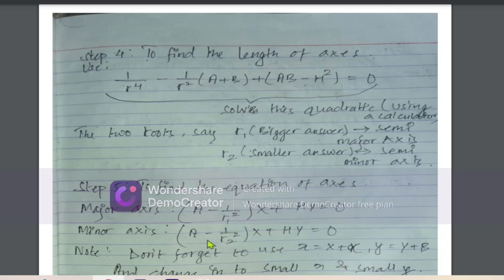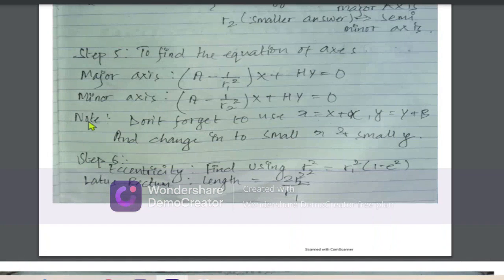And for the minor axis, replace r1 with r2, so we can easily evaluate the equations of the axes. But note, don't forget to use small x equals capital X plus alpha and small y equals capital Y plus beta, and change it into small x and small y. At the time of evaluating the values, we must be very careful.